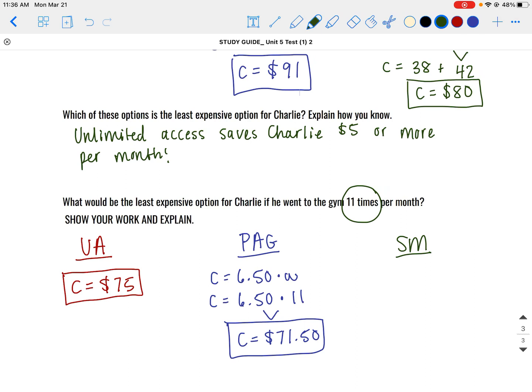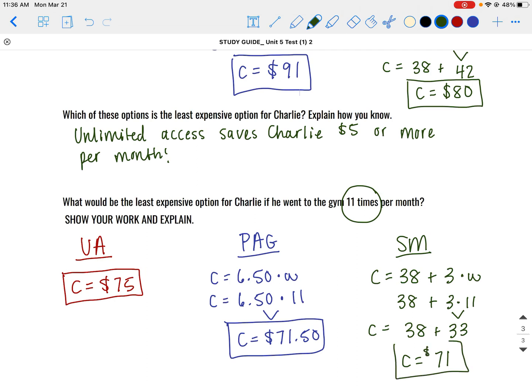And then standard membership, we would pay that $38, remember, plus $3 every time we worked out. So in that case, we'd be working out 11 times. That would be 33. So 38 plus 33, that would give us a total cost of $71.